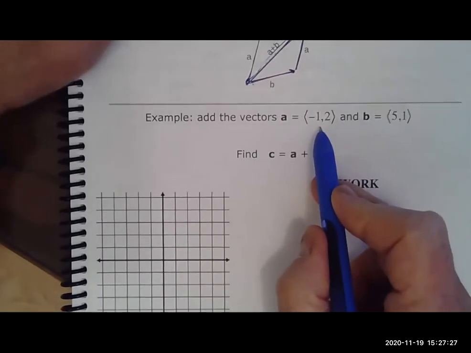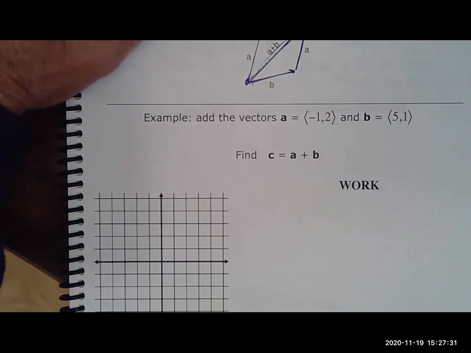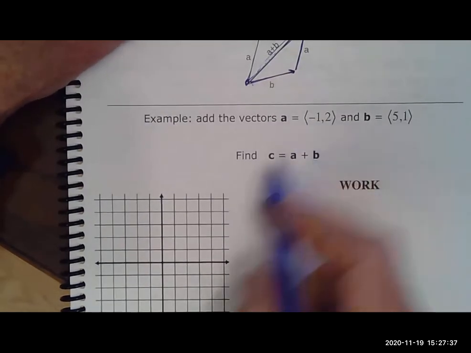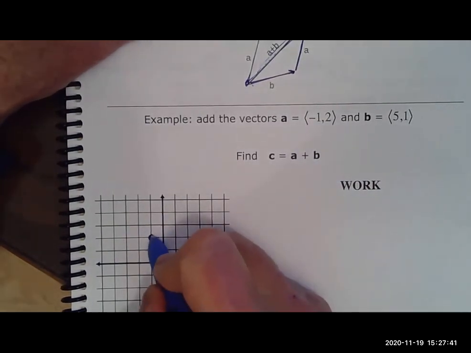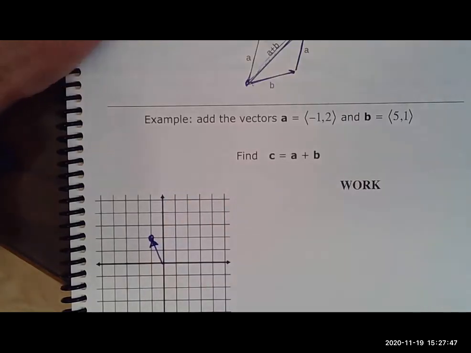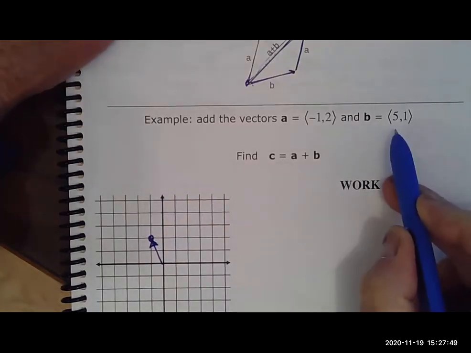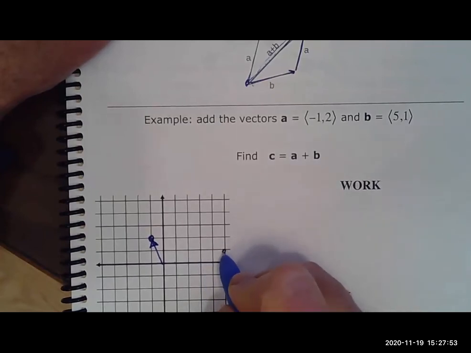Okay, -1, 2. I'll do A and B in blue, and then I'll do the resultant vector in red. So A is -1, and then 2. B is 5, 1. So 1, 2, 3, 4, 5, 1.